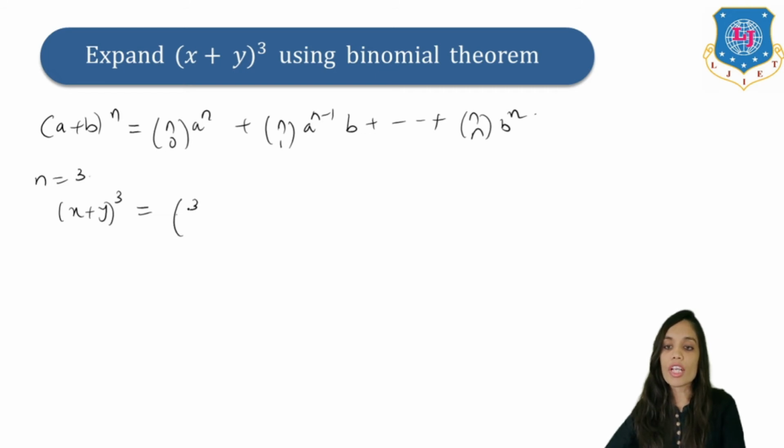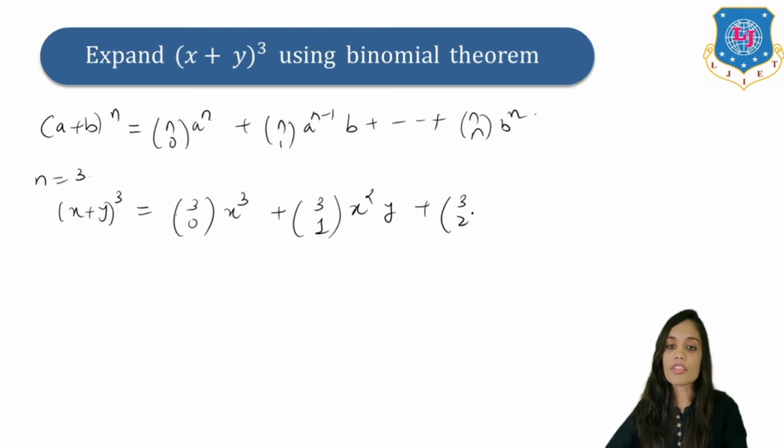3. So we will have 3C0 x^3 plus 3C1, decrease the power of x, so x squared, increase the power of y, so x^2 y, plus 3C2, what will come? x y squared, and lastly 3C3 y^3. Now we have to find the values of these 3C0, 3C1, 3C2, 3C3.